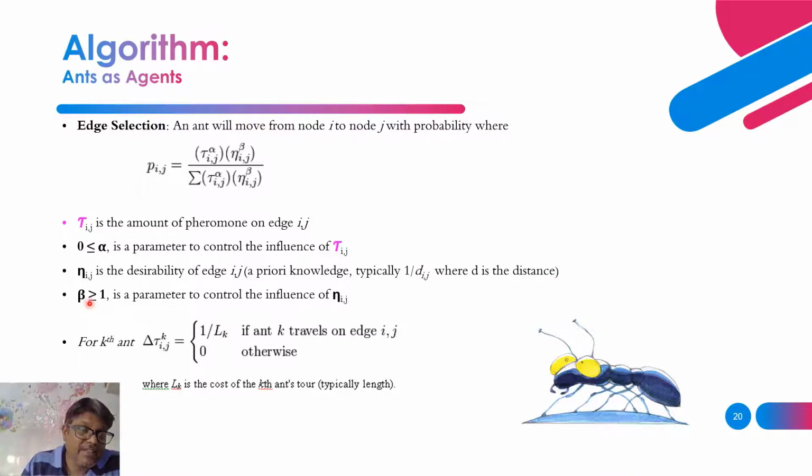The beta should be greater than or equal to 1 and is a parameter used to control the influence of eta_ij. For the kth ant, the updated trial deposit is calculated by del tau^k_ij equals 1 over L_k, because there is only one kth ant and no Q, if ant k travels on edge i,j, and 0 otherwise. L_k is the cost of the kth ant's tour, typically its length.